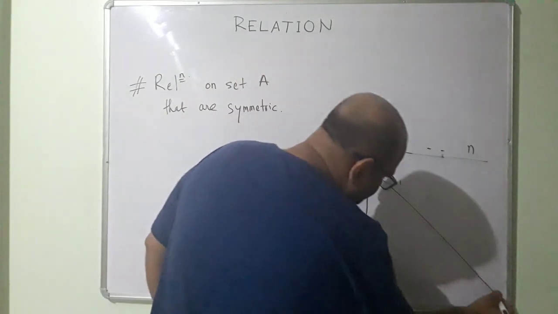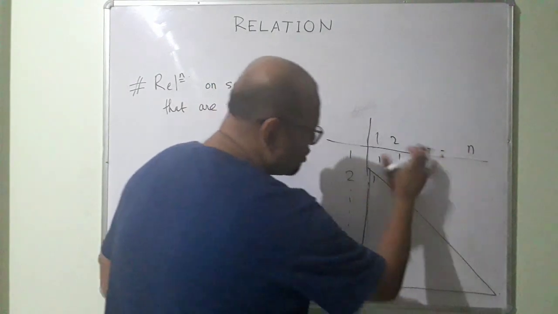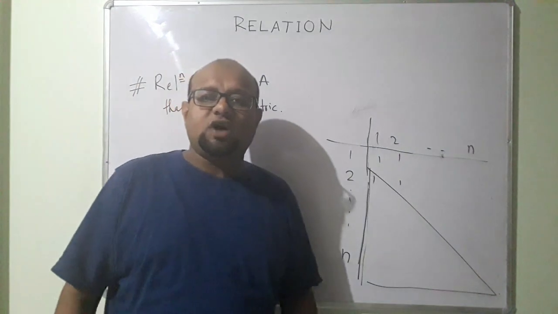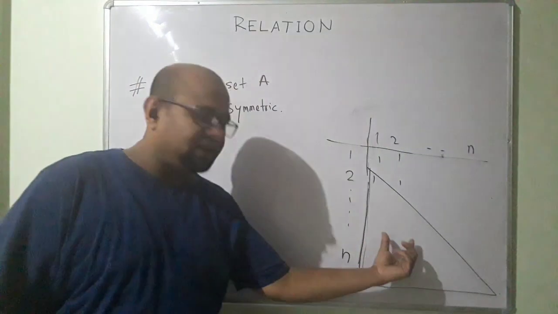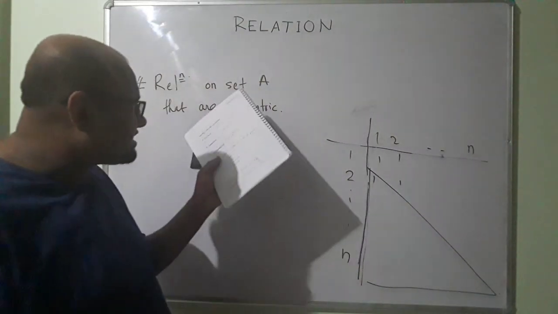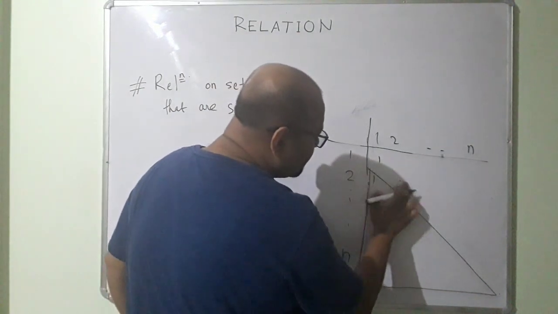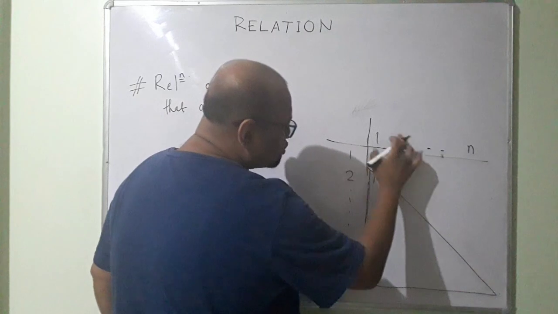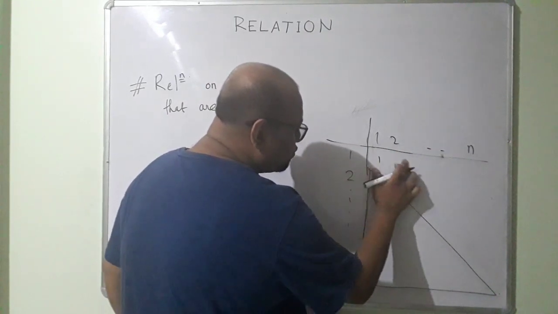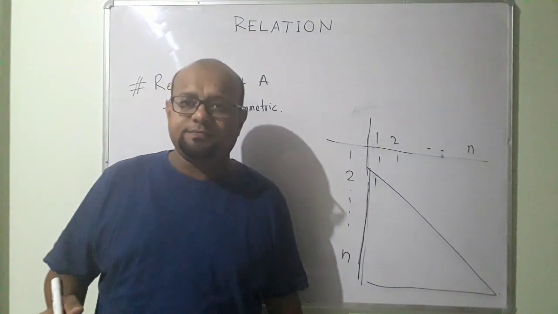The rest of this lower triangular matrix will be a mirror reflection of the upper part. Whatever I write in this will reflect in here, so I don't really have a choice. If I fill (1,2) with 0, then (2,1) will get filled with 0. If I fill (1,2) with 1, it will get filled with 1.